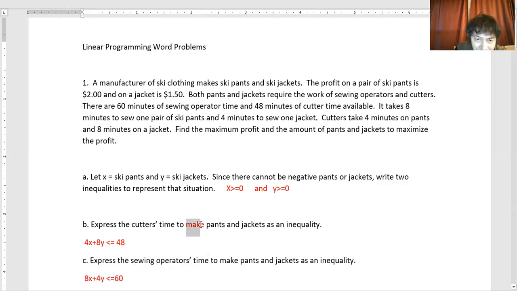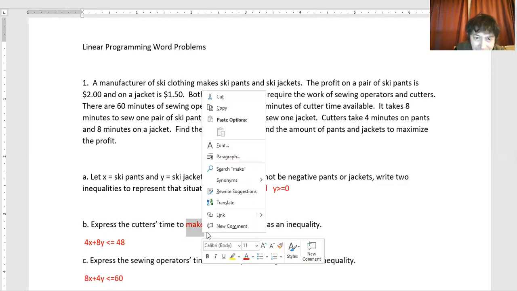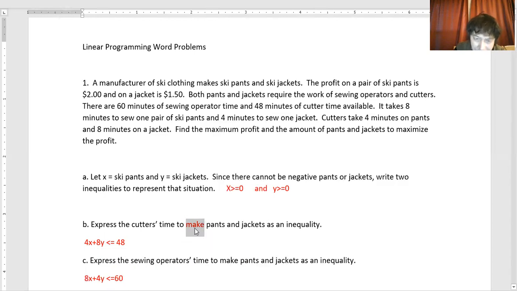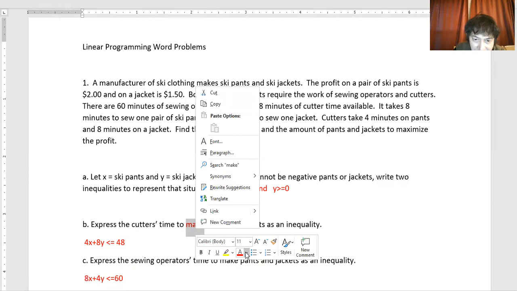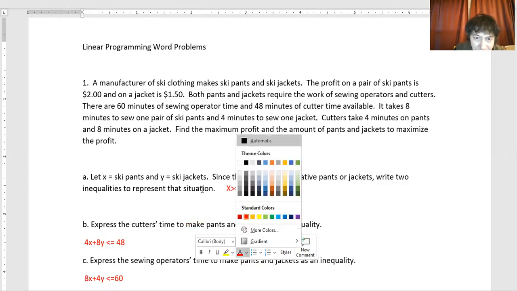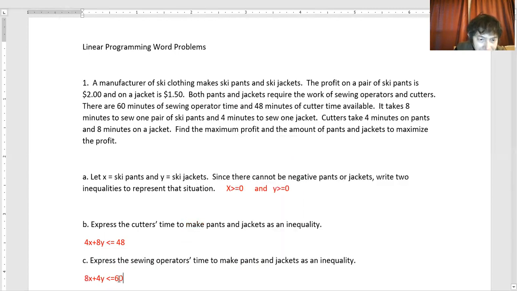Then let this return to black. And then let's return to the red.